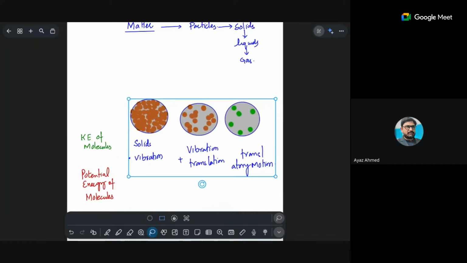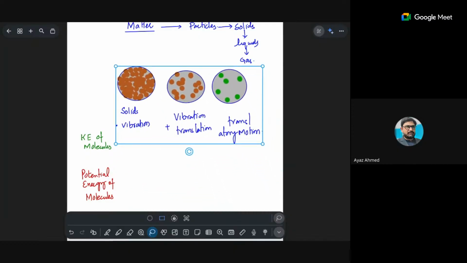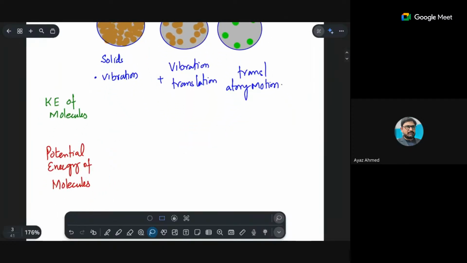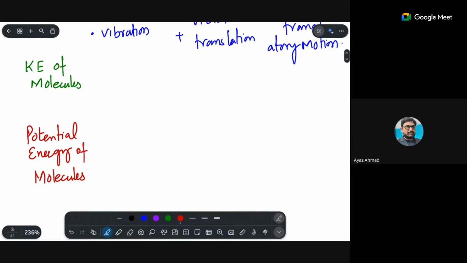Now, kinetic energy is due to the motion of the particles, translatory motion.